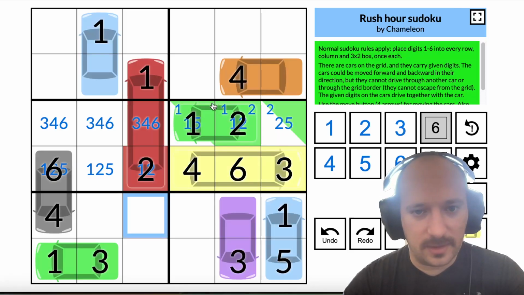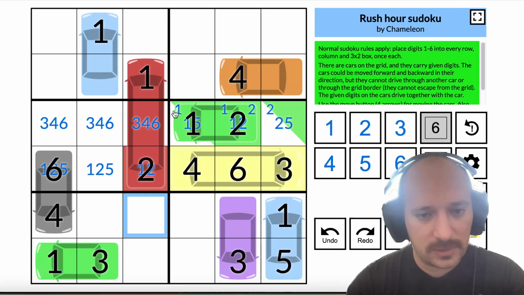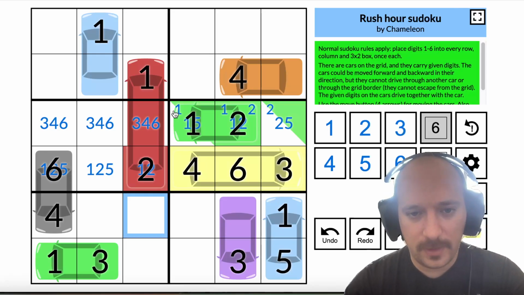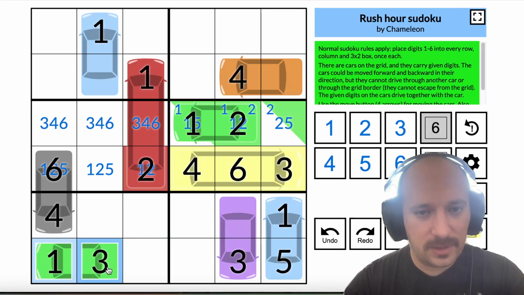Let's look at the cars again and see if we can do some deductions. Well, the other thing is that we have this green car at the bottom, forcing 3 here in row 6.